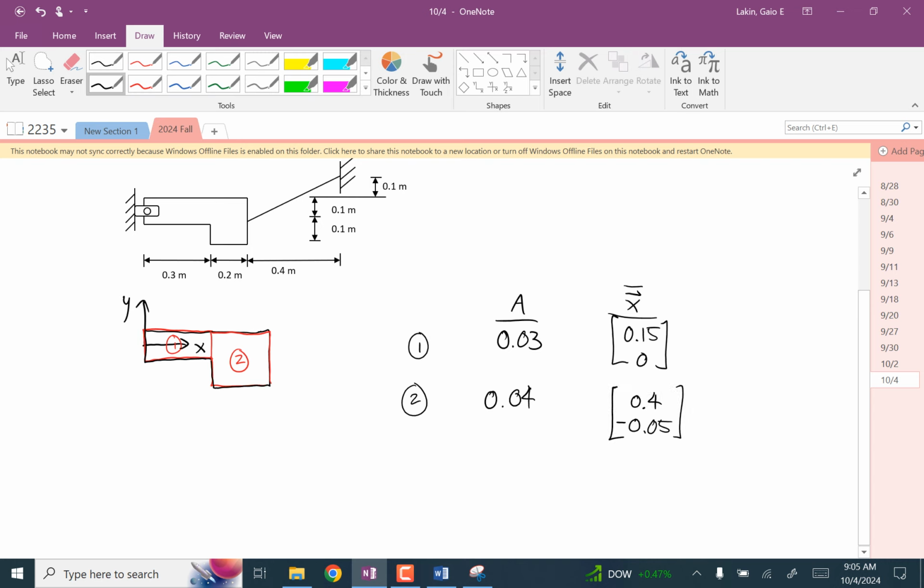And the total area is just the sum of these, so 0.07.